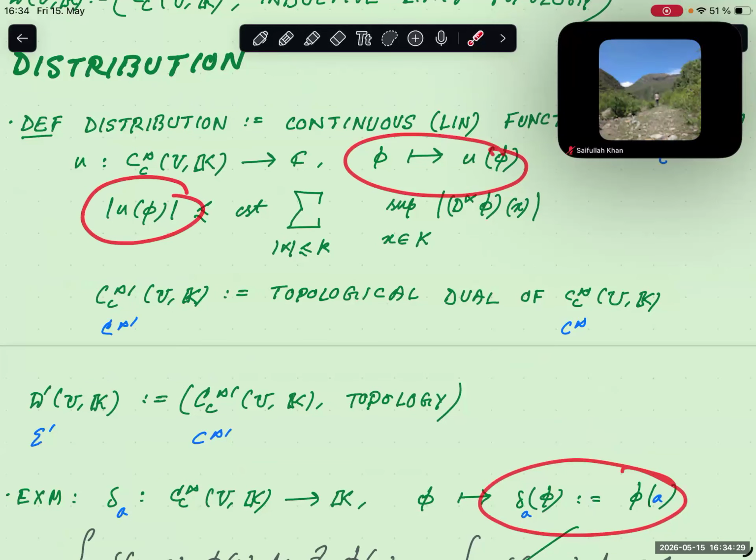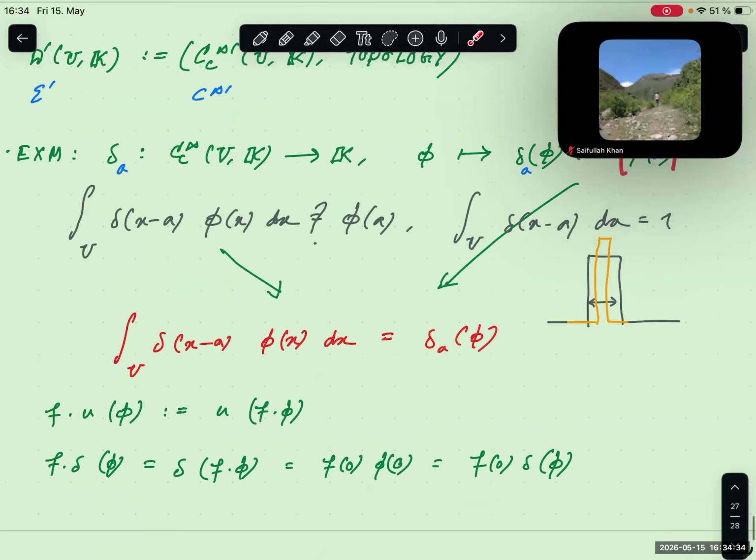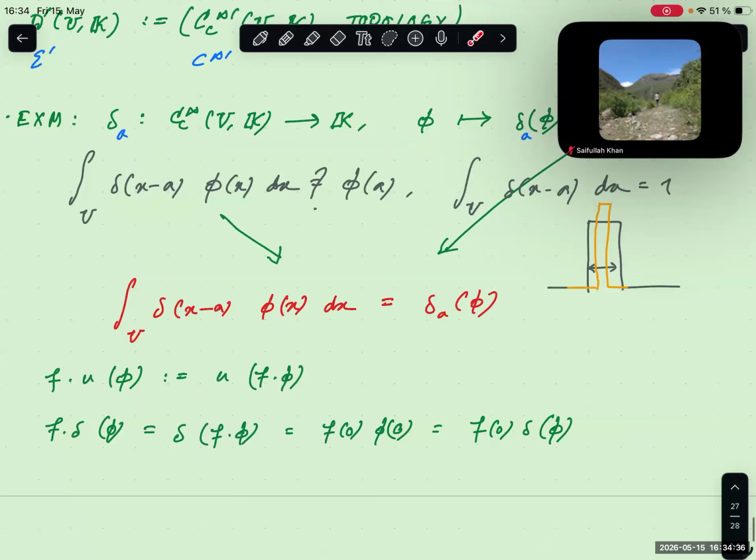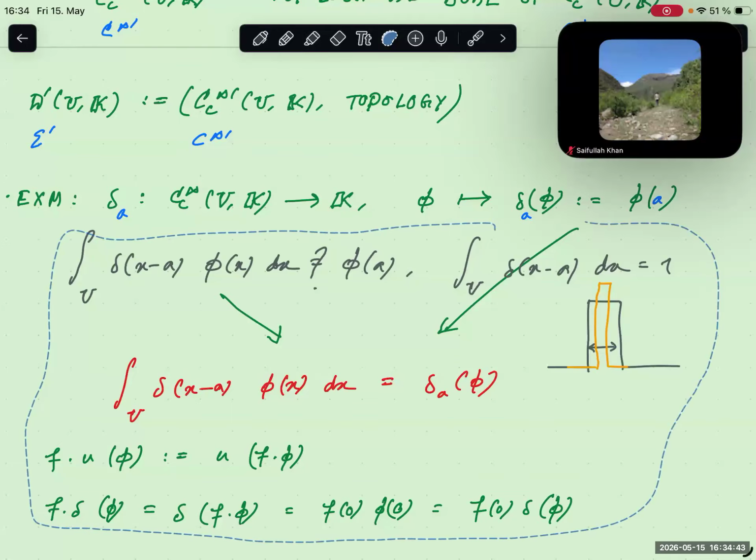Now you take this guy. So this guy will be nothing but only this. Okay, let's check it. Let's write it. I need a bit of space.